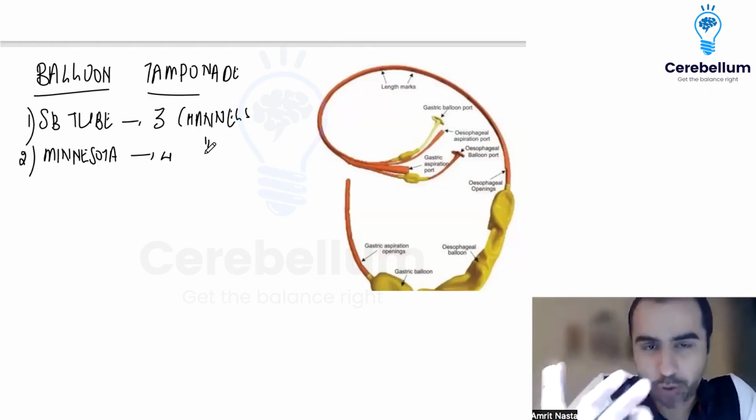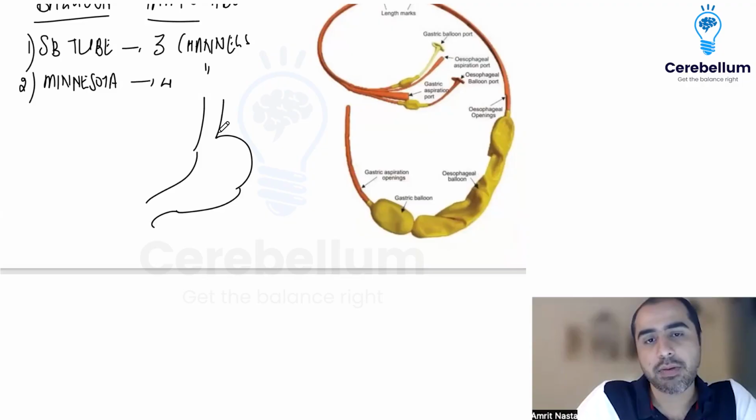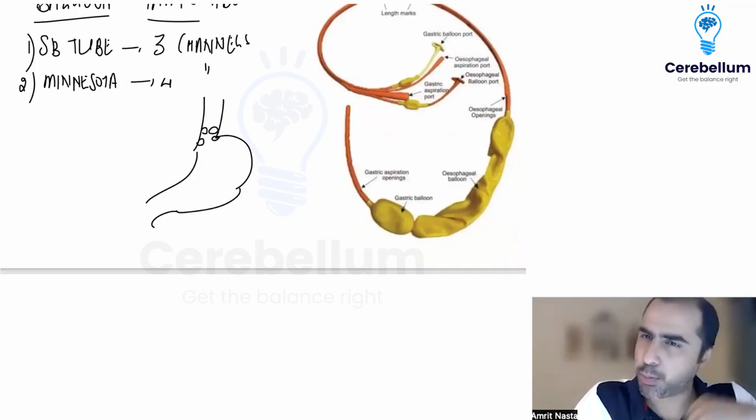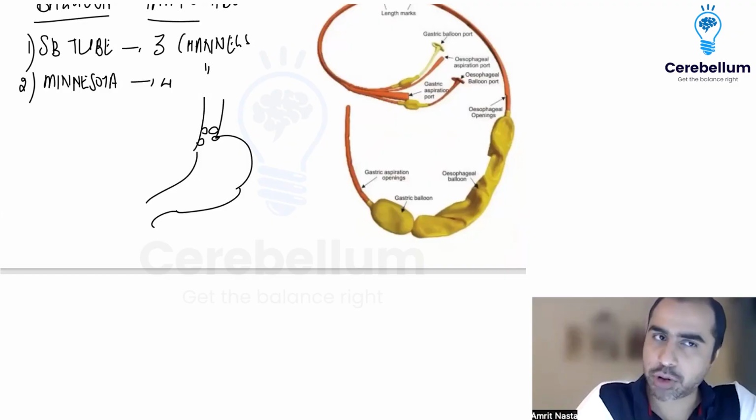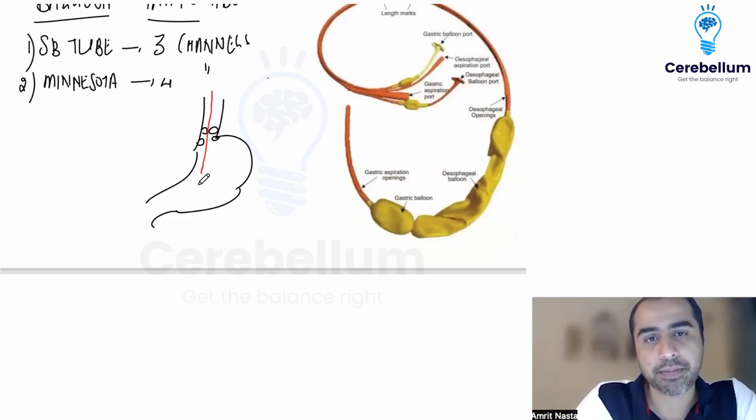Now, what is this balloon tamponade and what are these tubes and how is this helping this variceal bleed problem? Easy to understand. So, stomach is over here like this and the varices are bleeding over here. So what I do is I pass this tube, it's not requiring any endoscopy, directly I can put it. And when I put the tube inside, you can see there are 2 balloons, one is this and one is this.